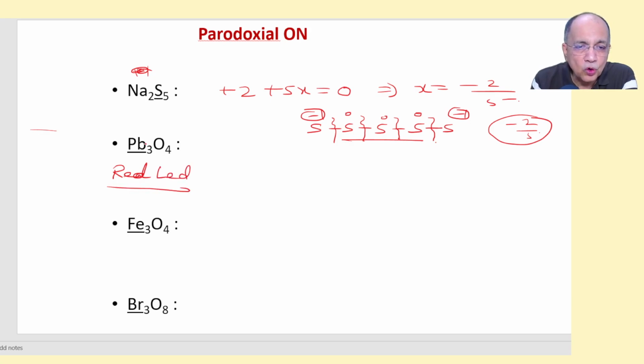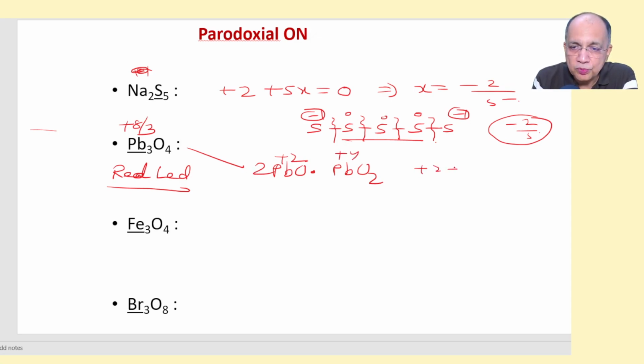Similarly, this is what we call red lead. If you go by the X method, you'll get plus 8 by 3, which is absolutely unacceptable, because lead cannot have a plus 8 by 3 oxidation state. Actually, it is 2 PbO dot PbO2. There are plus 2 type 2 and plus 4 type 1.